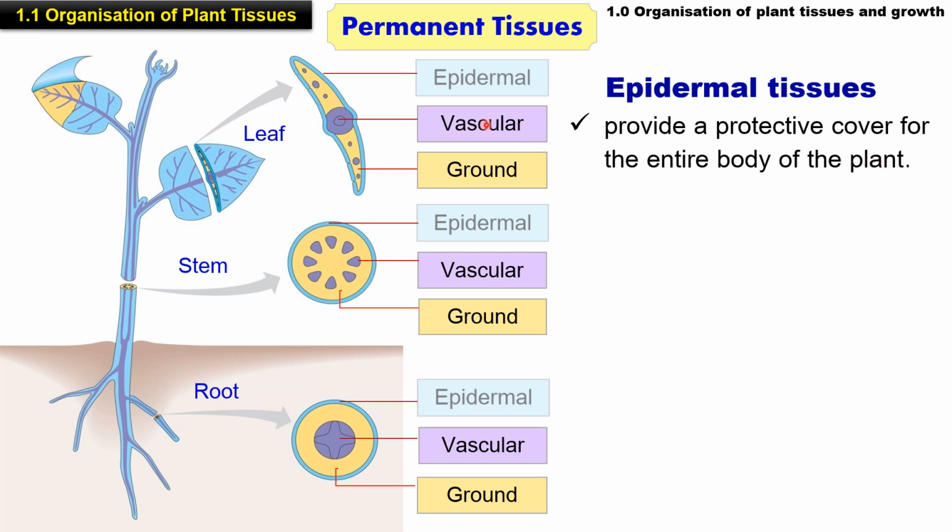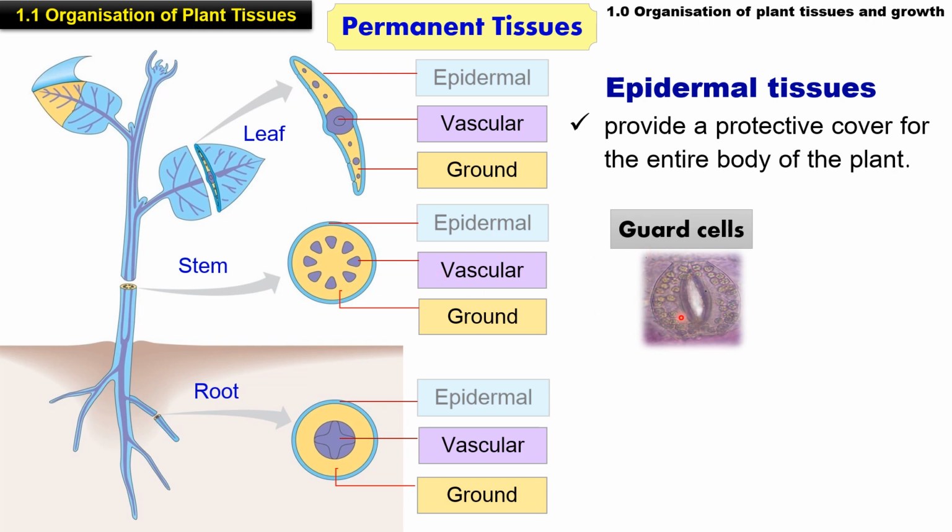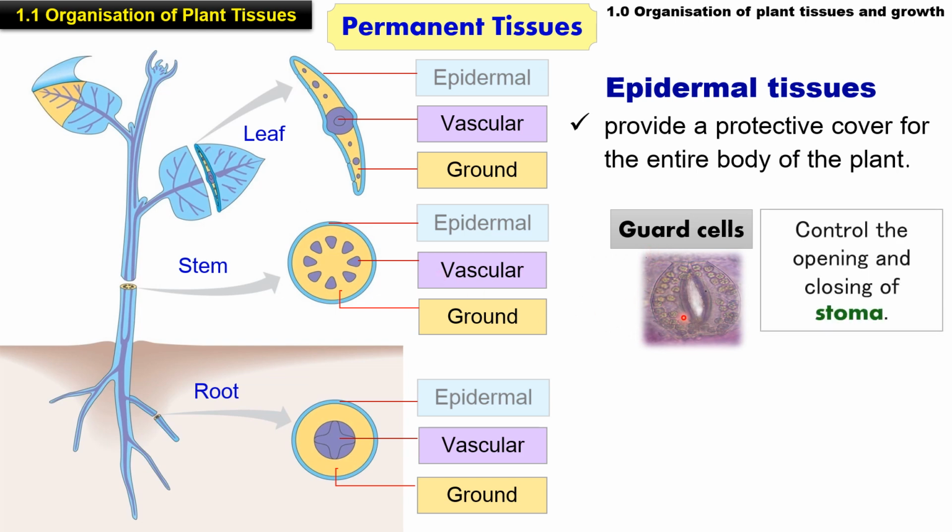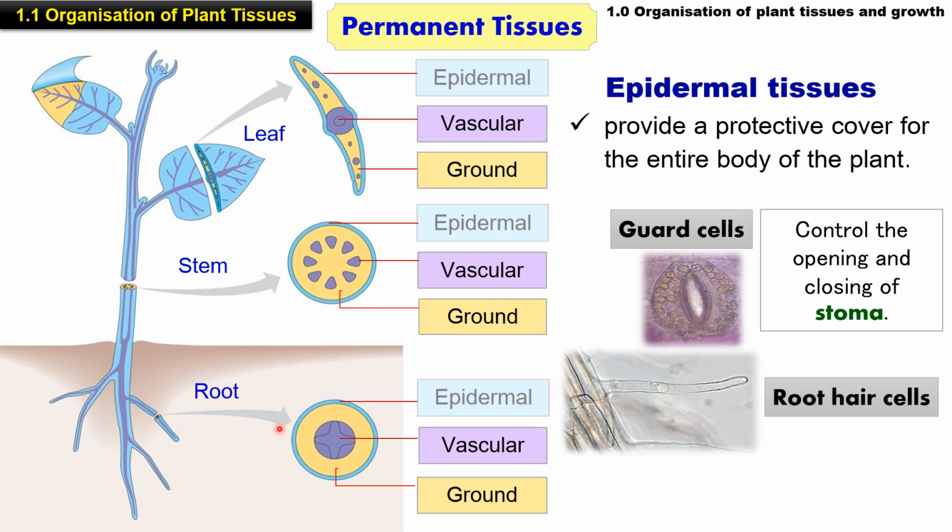So what are the examples of the epidermal tissue that we can find in the leaf? We can find the guard cell. What is the function of the guard cell? Control the opening and closing of the stoma. Let's say we go down here, the root. What are the examples for the epidermal tissue for the roots? Yang bahagian luar. Kalau you tengok akar tu, dia ada a lot of root hair cell.